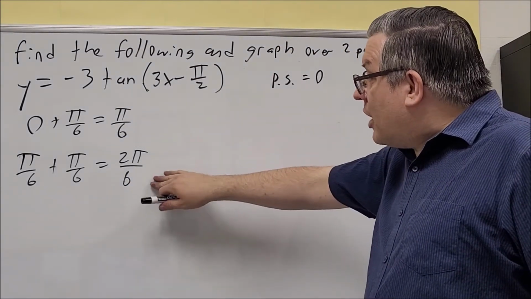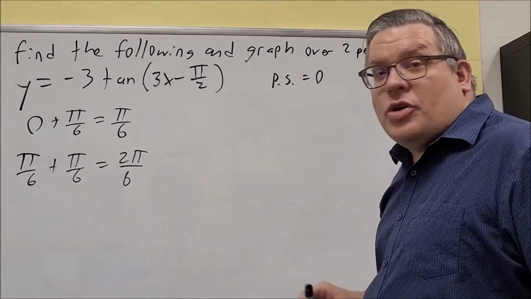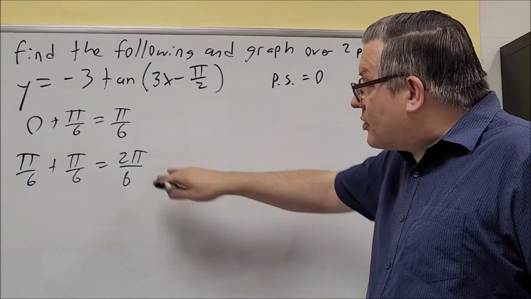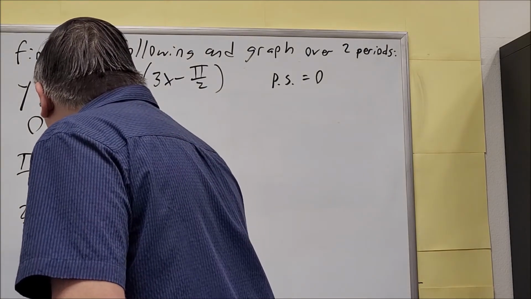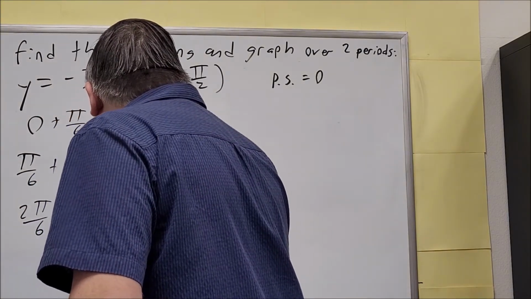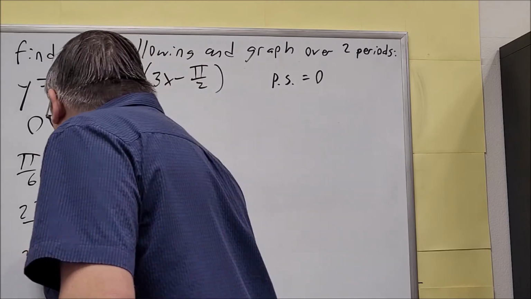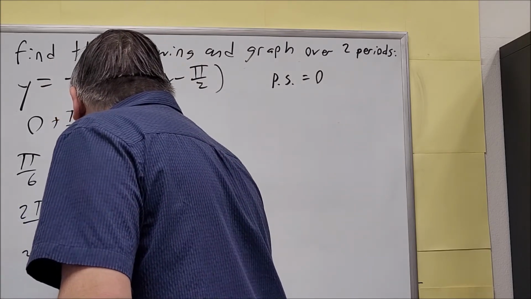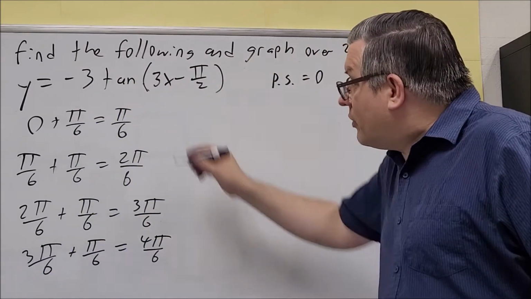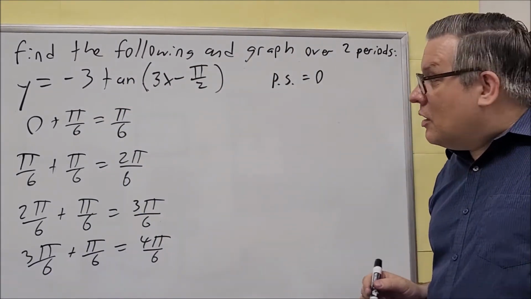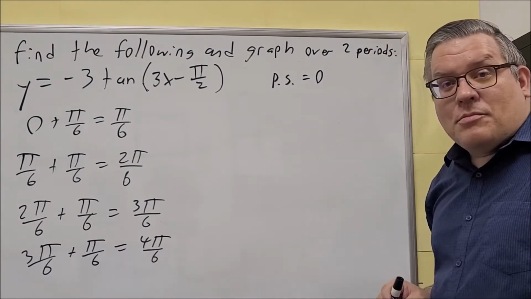We're not going to change the denominators just to make it easier, although I could reduce that. I'm not going to worry about it. I'm just going to keep it like that. Next one, 2 pi over 6 plus pi over 6 is 3 pi over 6. And then 3 pi over 6 plus pi over 6 is 4 pi over 6. It's okay to leave these like this. You don't have to reduce those.